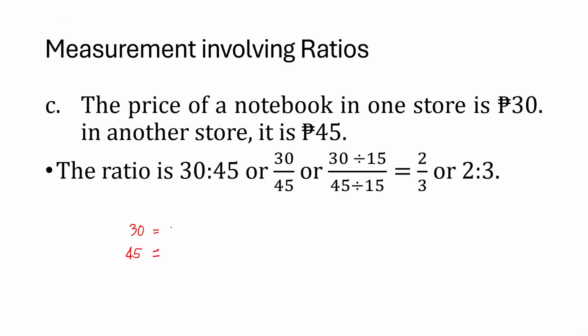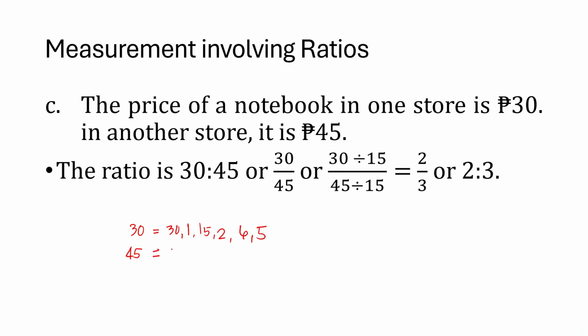Then we need to find their factors. So what are the factors for 30? So 30, 1, 15, 2, 6, 5.